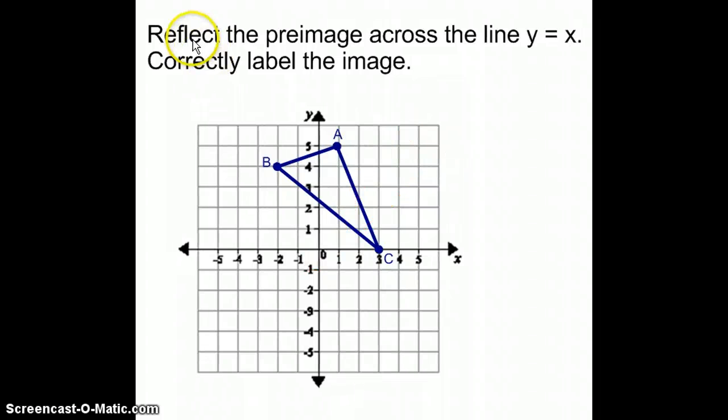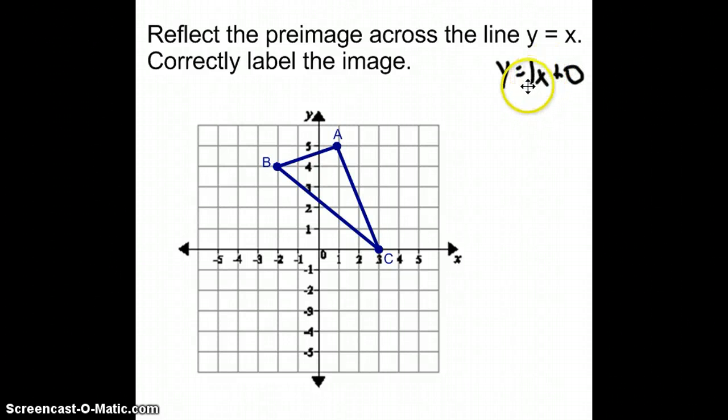Our third scenario says to reflect the pre-image across the line y equals x. Correctly label the image. The line y equals x, if you recall, has a slope of 1. Again, the line y equals x in slope-intercept form would be y equals 1x plus 0.